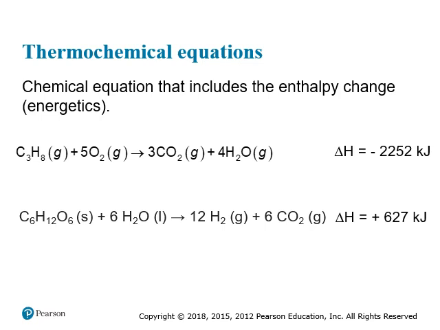The second equation deals with the reaction of glucose with water in order to form hydrogen gas and carbon dioxide. That process requires 627 kilojoules worth of energy. So while the combustion reaction is an exothermic reaction, the bottom reaction is an endothermic reaction.